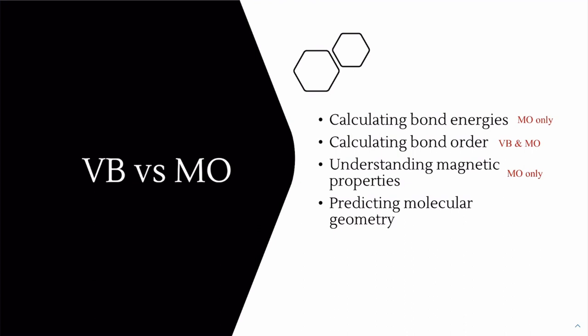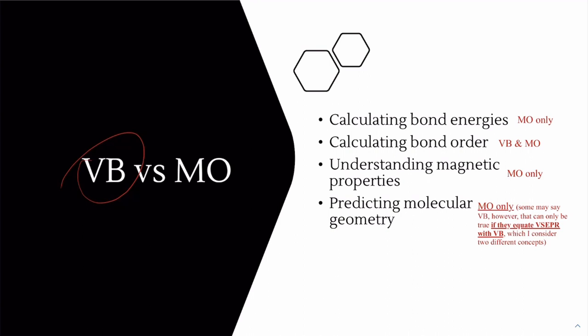Now, predicting molecular geometry. This is where I have a lot of conflict with other sometimes TAs, because technically VB does not tell you anything about that, okay? Valence bond theory by itself cannot tell you anything about the molecular geometry. In order for valence bond theory to tell you anything about molecular geometry, you have to include VSEPR, okay?